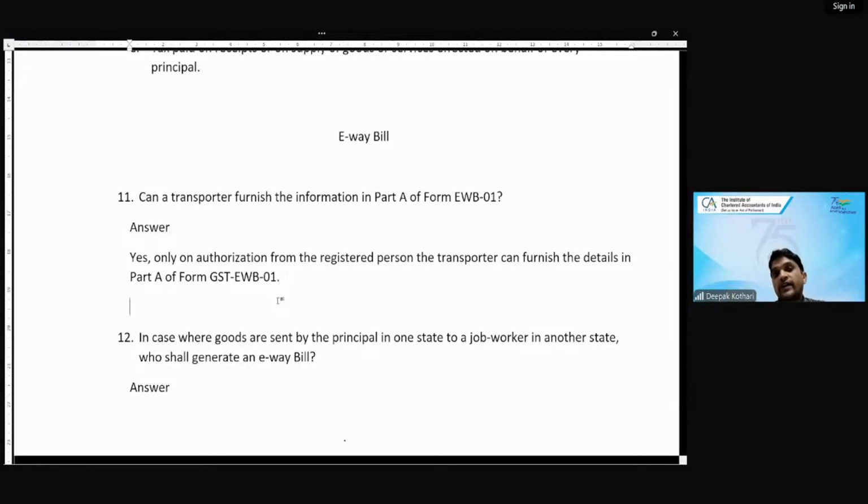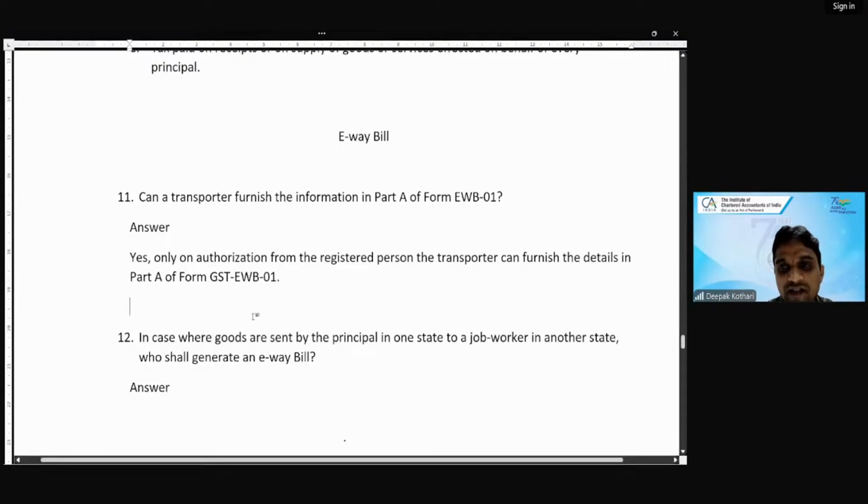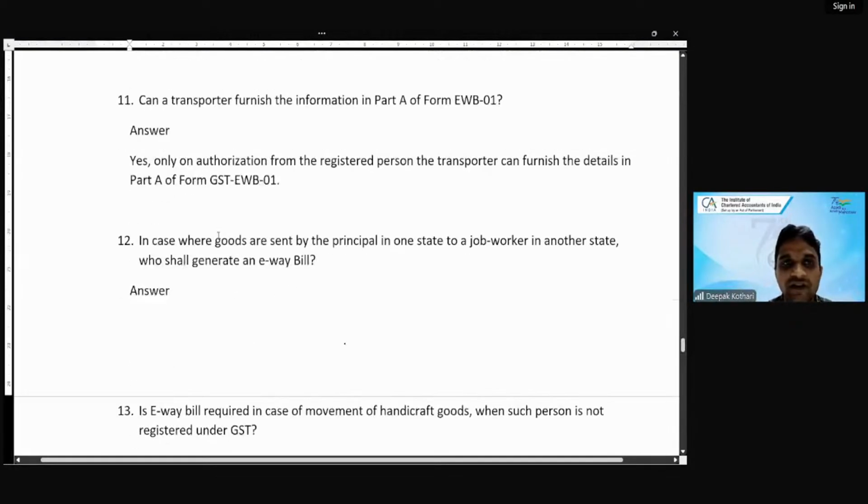Yes, he can provide the information in Part A. Generally, Part A is furnished by the supplier or the receiver. But if he gets an authorization from the registered person, then the transporter can furnish the details in Part A. He can, don't say no. Generally it is no, but if he gets an authorization, then he can.